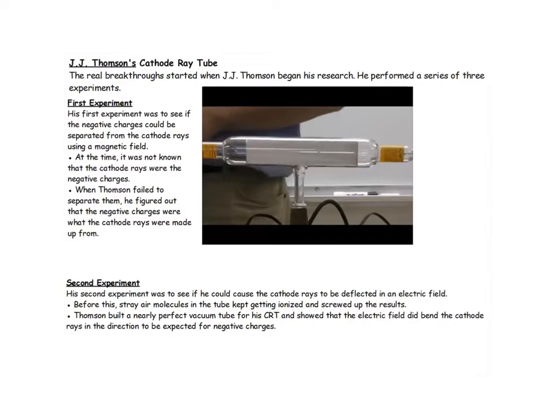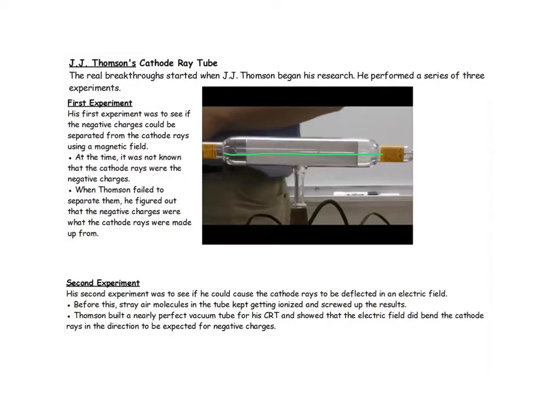Now, he did a couple of experiments. First, he wanted to see if the negative charges could be separated from the cathode rays. So he took a cathode ray, so it's going here. There's this greenish glowing ray that goes through that tube when he turns it on and puts a high voltage through it. And he would bring a magnet up to it.